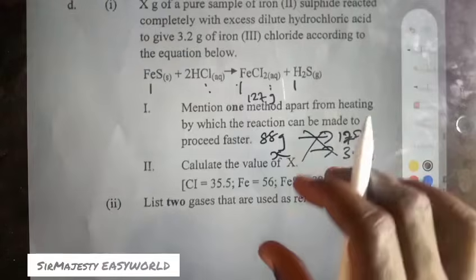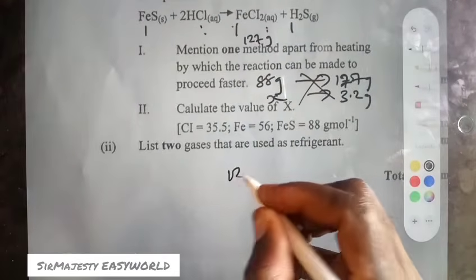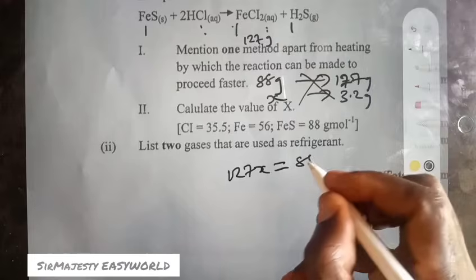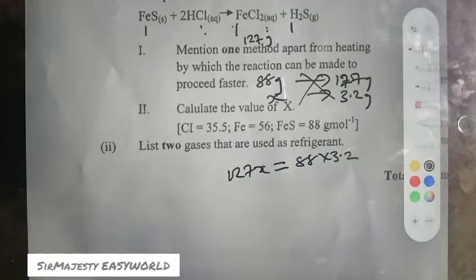So cross multiply, you have that 127x is equal to 88 times 3.2.